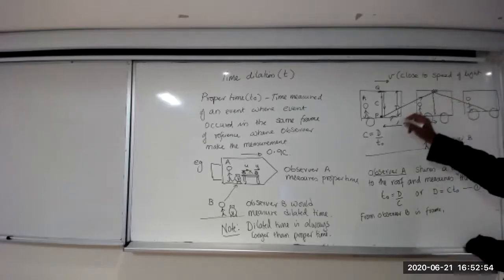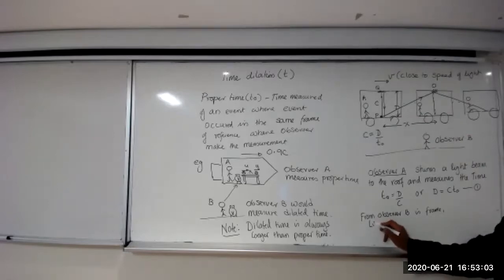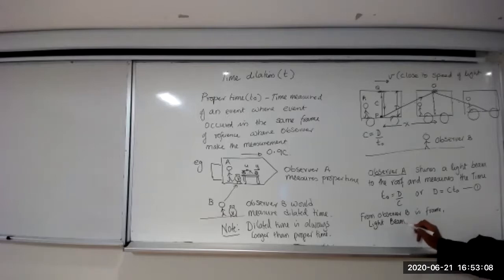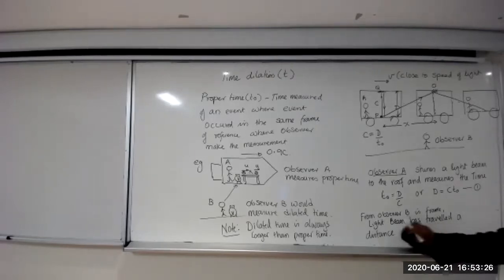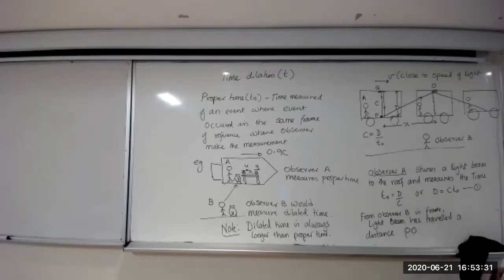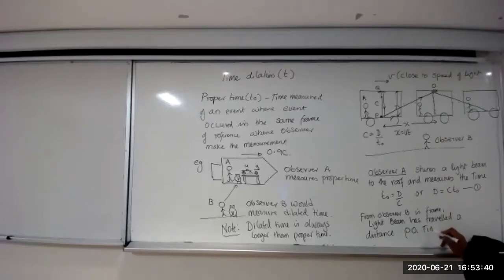So that's T. The light beam has traveled a distance PO. X equals V times T. Time measured by observer B is little t.